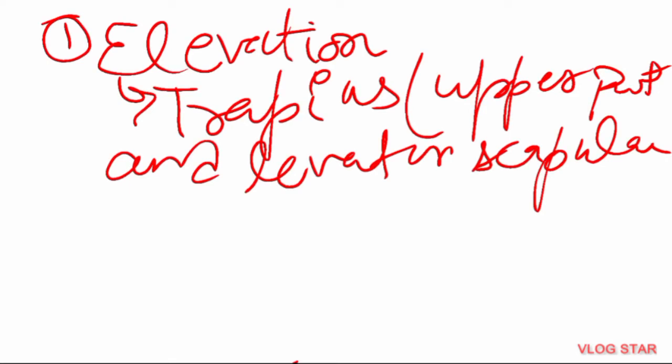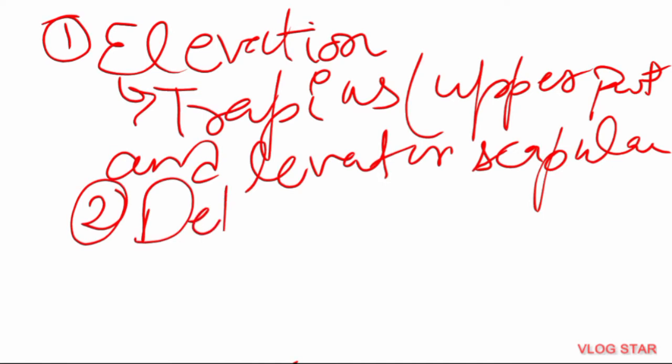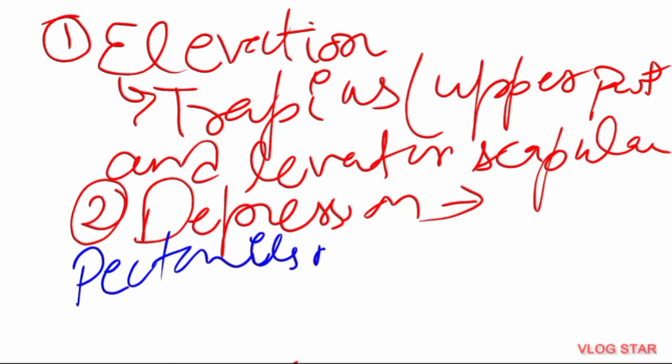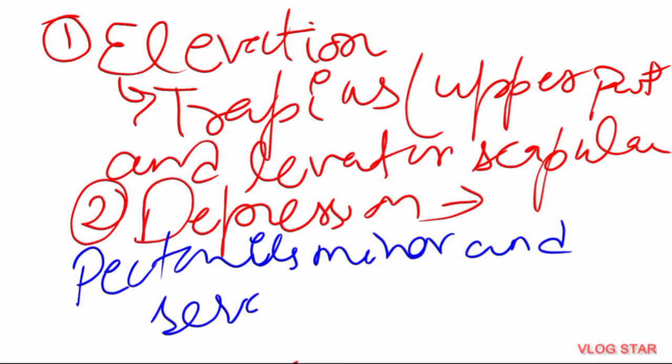And the second movement is depression. Here pectoralis minor and serratus anterior muscles are included.